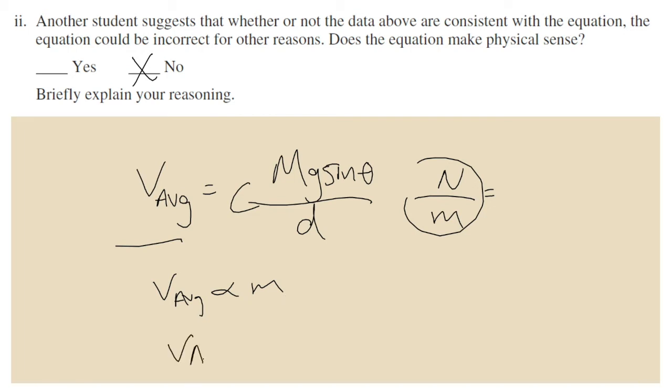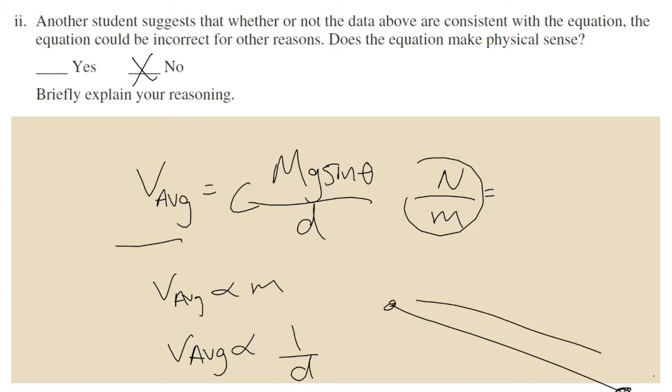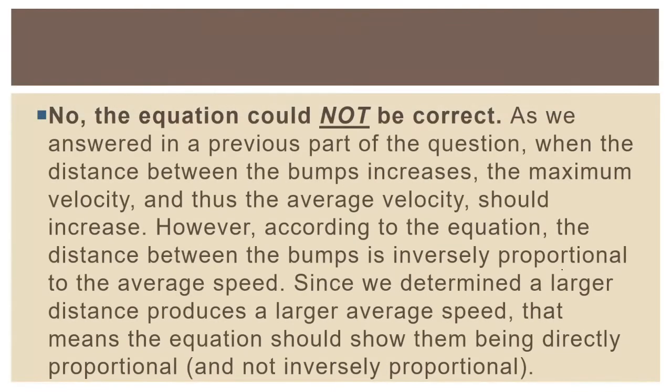But it also says the average speed is inversely proportional to the distance between the bumps, meaning as the bumps get farther and farther apart, the average speed is going to go down. Well, if the bumps get infinitely far apart, it's just a ramp where the acceleration is just going to be g sine theta. So that doesn't make any sense. So that's the part of this that's wrong. No, the equation could not be correct.